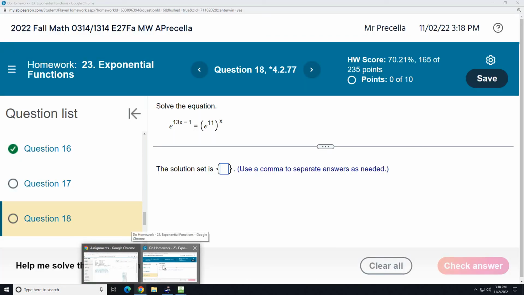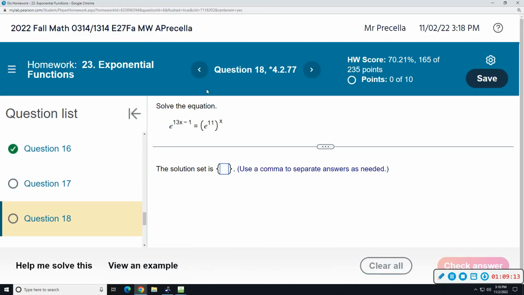So with that in mind, number 18: e to the 13x minus 1 is equal to e to the 11th power, all raised to the x power.